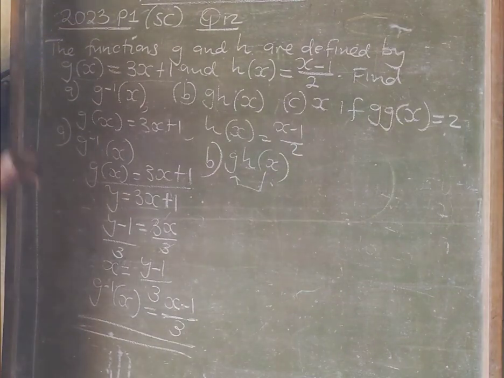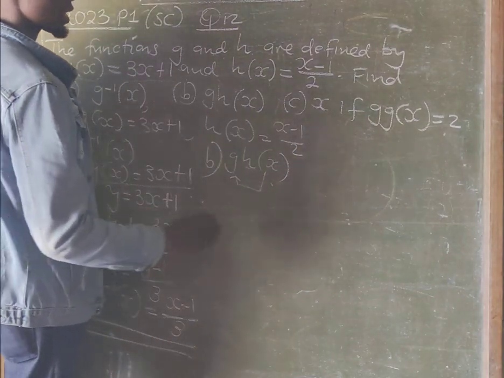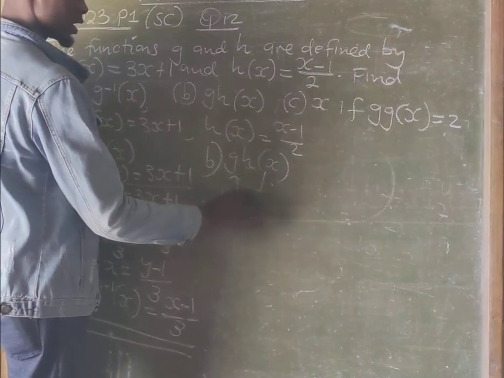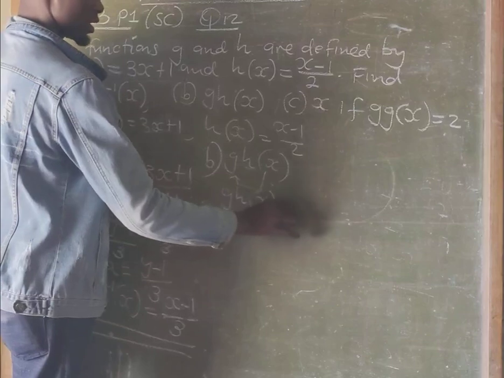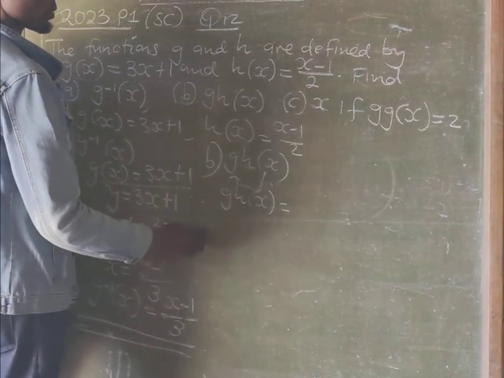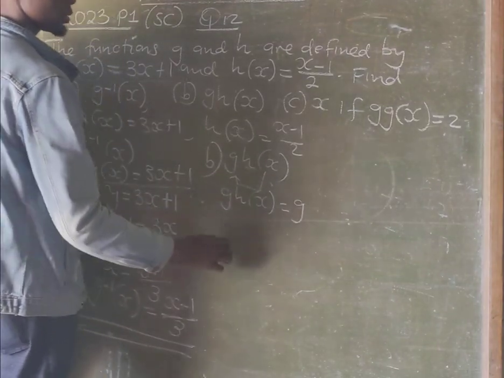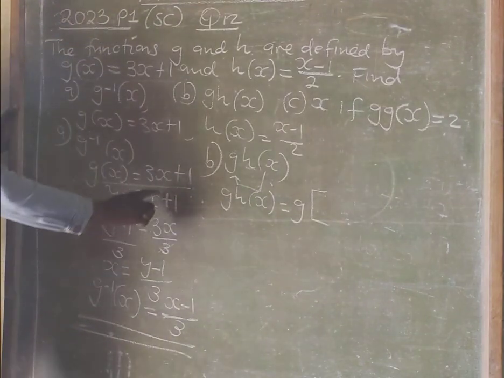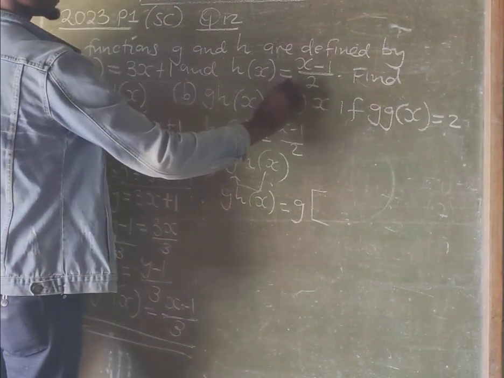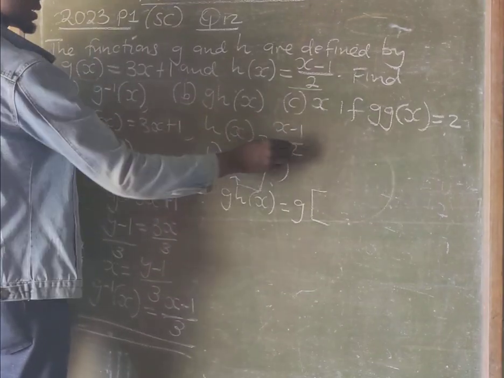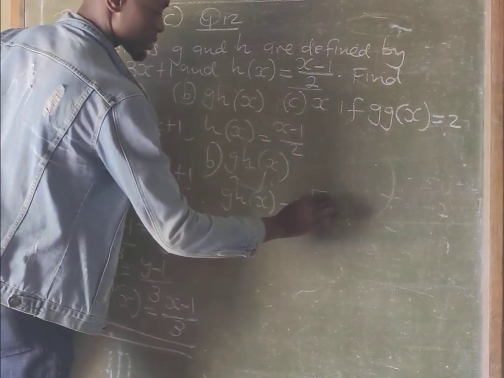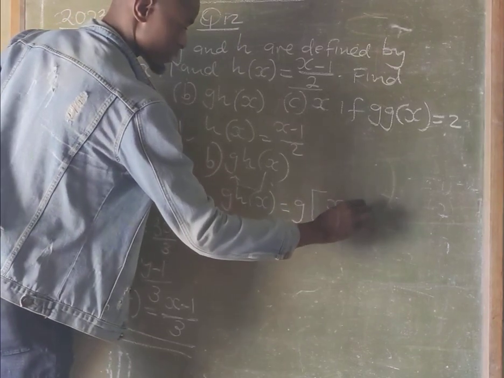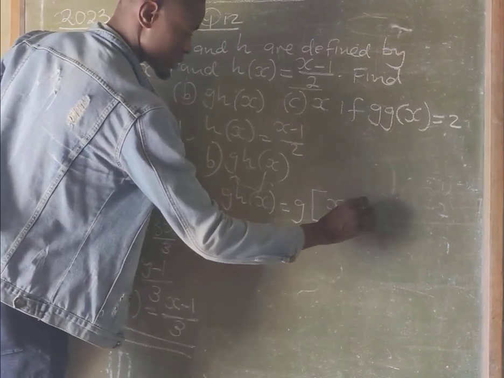The first thing is to write g of h of x equal to, and we write the functions. The function of h we have is (x minus 1) divided by 2.